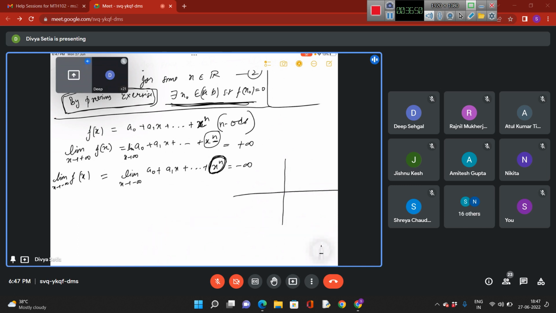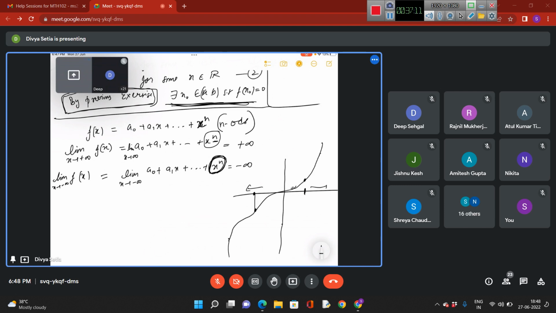So now, as x tends to plus infinity, your function goes to infinity, and as x tends to minus infinity, your continuous function goes to minus infinity. That means there has to be a point whose functional value is positive, and a point whose functional value is negative.